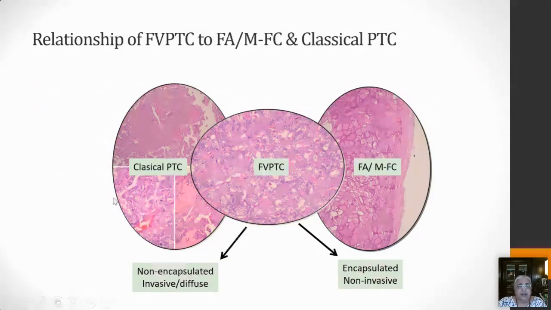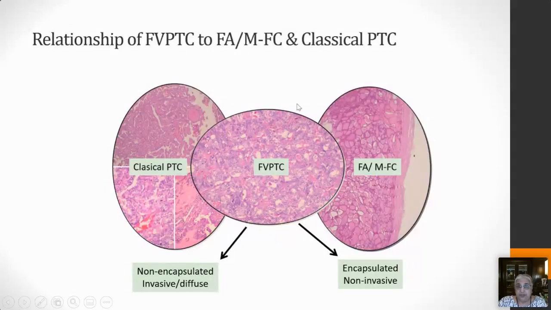So this is just a little cartoon that I have constructed. You have a classical papillary thyroid carcinoma, which is papillary, but maybe shows some follicular areas. On the other hand, you have our follicular adenoma and minimally invasive follicular carcinoma, which has a capsule. And in between, you have these follicular patterned lesions with papillary thyroid carcinoma nuclei.